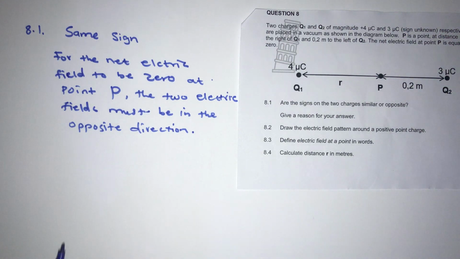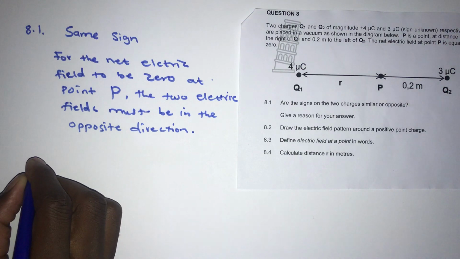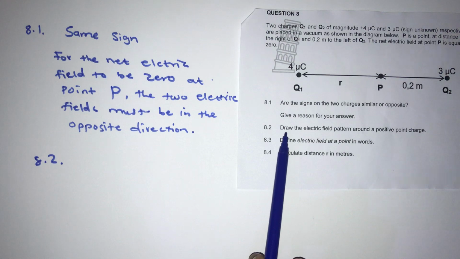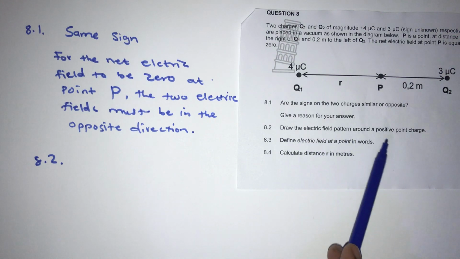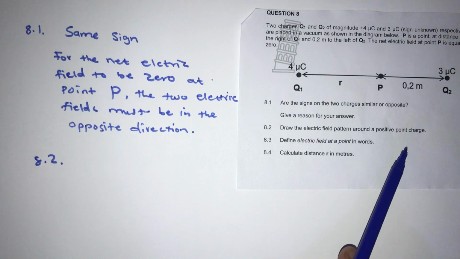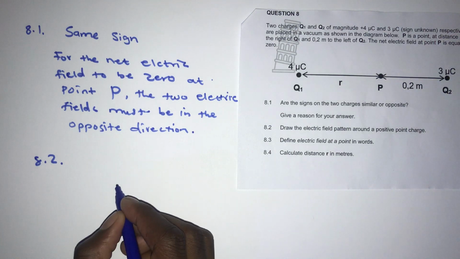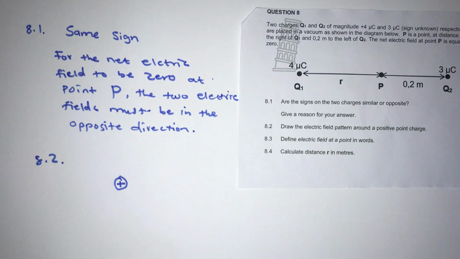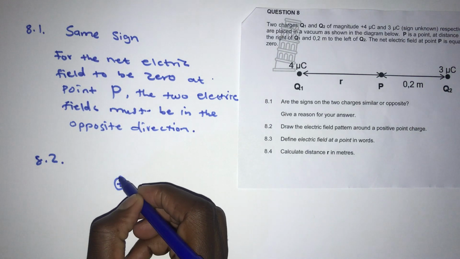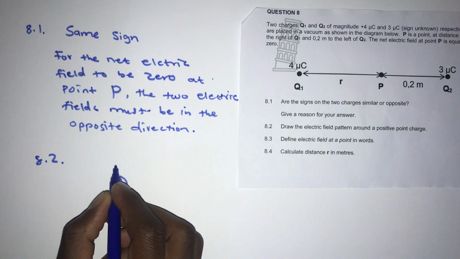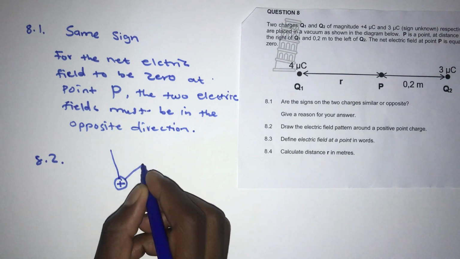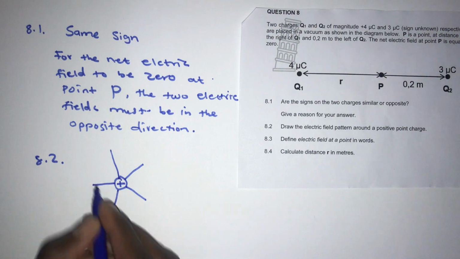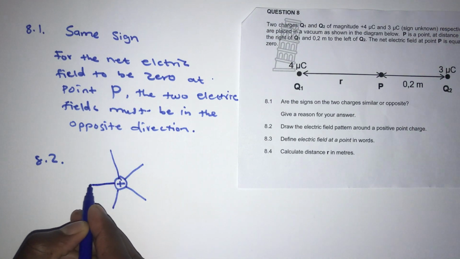So 8.2, draw the electric field pattern around the positive point charge. So this is the positive point charge. Remember, on the positive point charge, the electric field lines point outside.